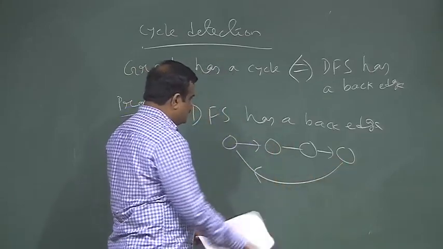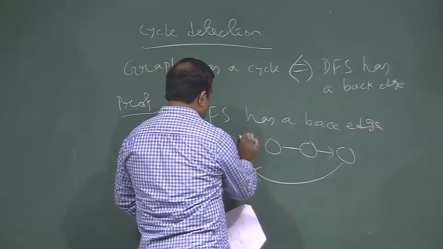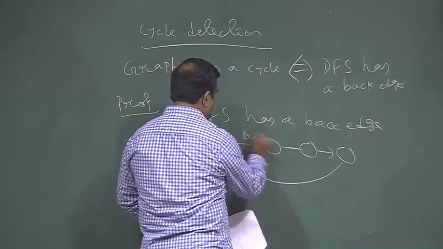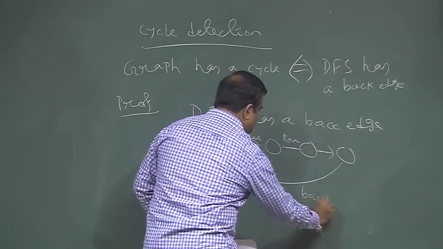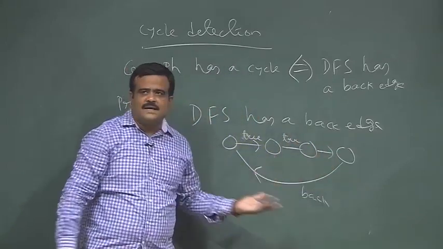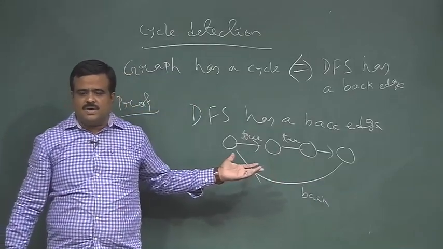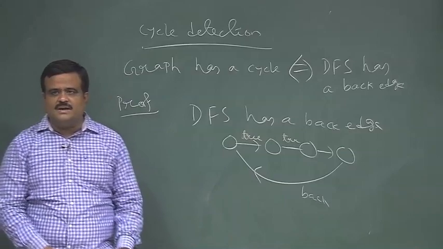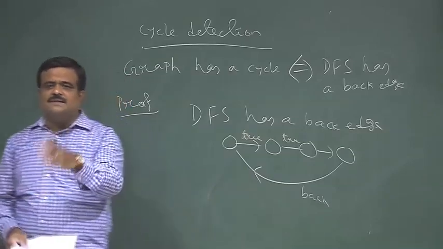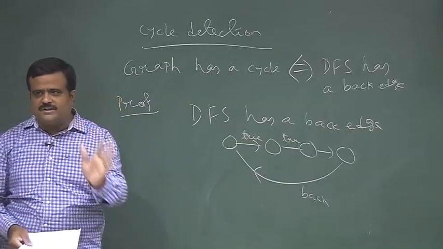So, this is the back edge. These are the tree edges forming the tree, and this is the back edge. So, obviously, if this is a back edge, it will form a cycle. That is quite clear. So, if the DFS has a back edge, then there is a cycle. This way you can detect the cycle.